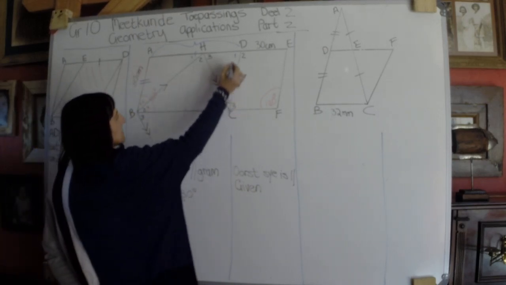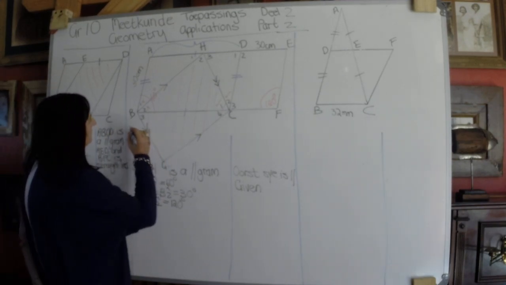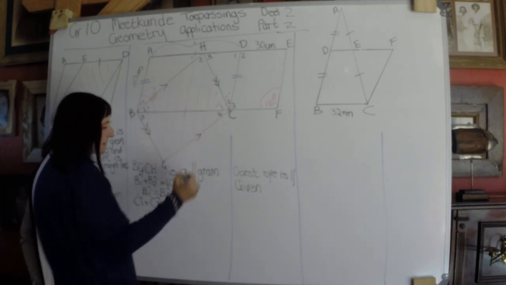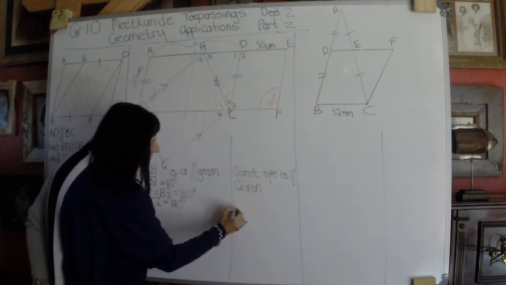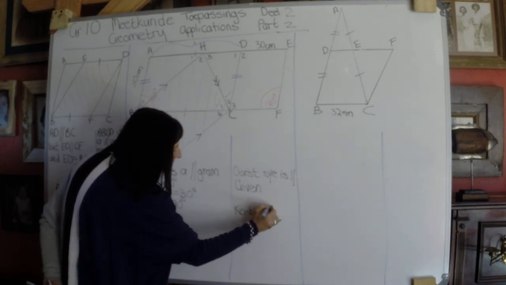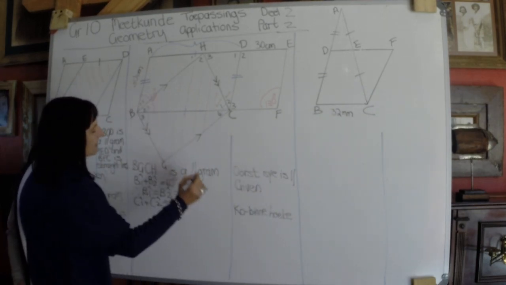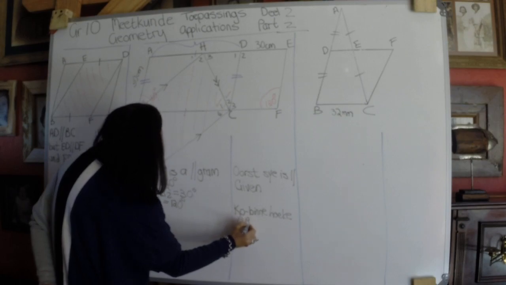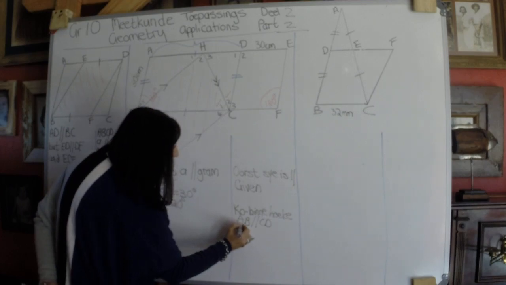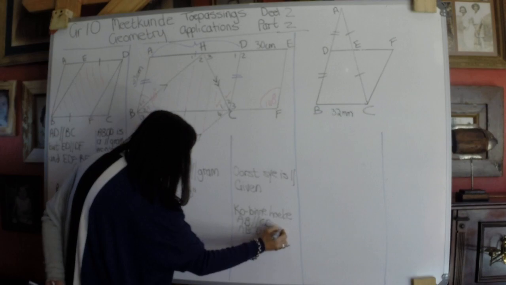Because ABCD is a parallelogram, we know that these two angles are co-interior angles. So it's gewone hoeke, because AB is parallel to CD because ABCD is a parallelogram.